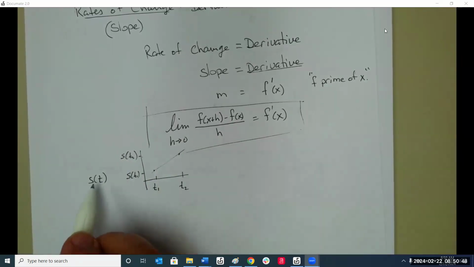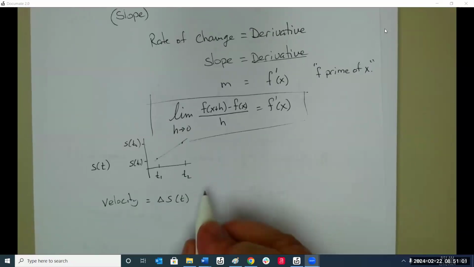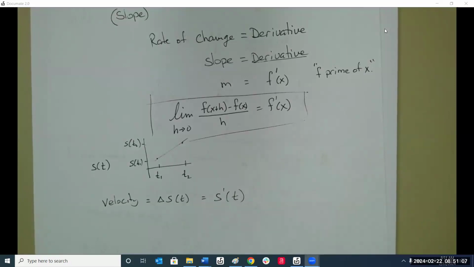So the change of position is called the velocity, which equals the first derivative of our position. So the velocity is the first derivative of our position function.